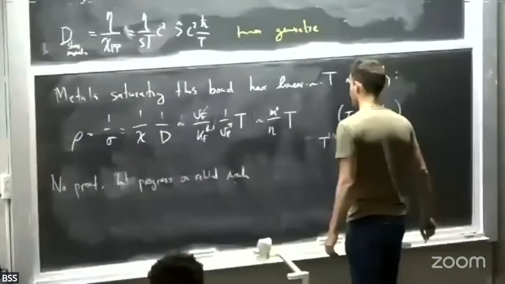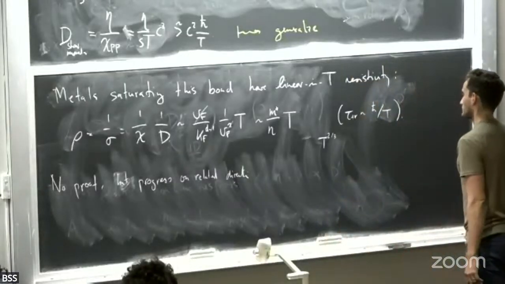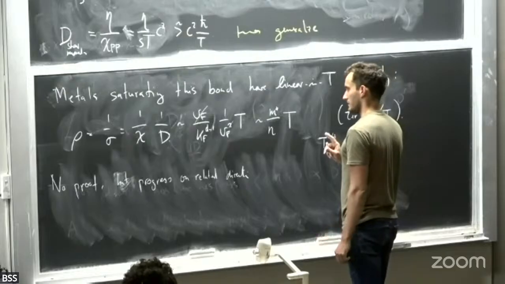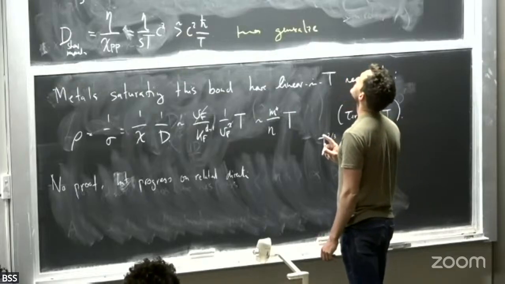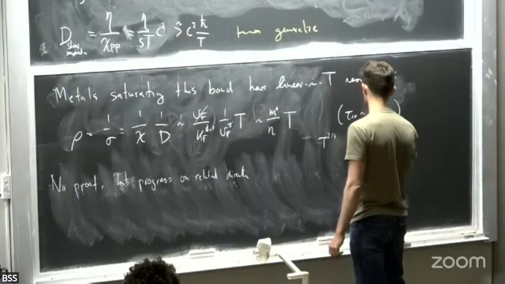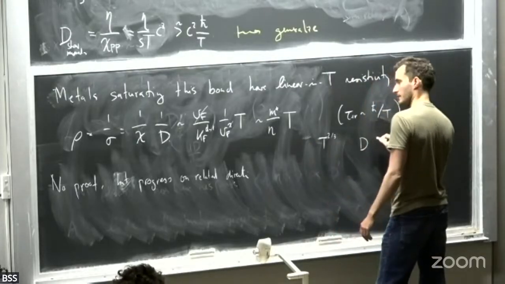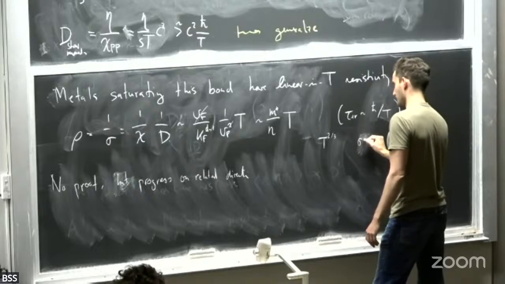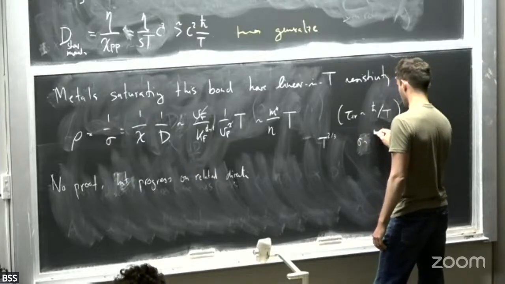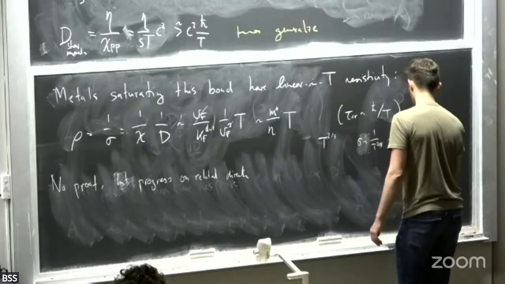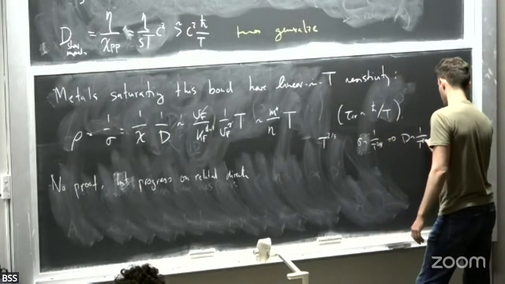Well, let's try to get the diffusion constant of your system. So chi is still a constant, and you're saying sigma goes like 1 over t to the 2/3. So D goes like 1 over t to the 2/3.